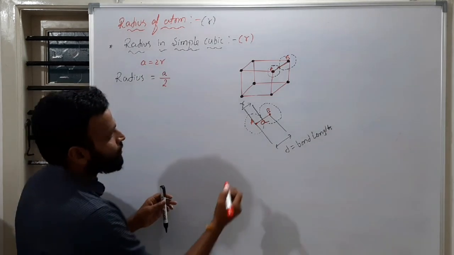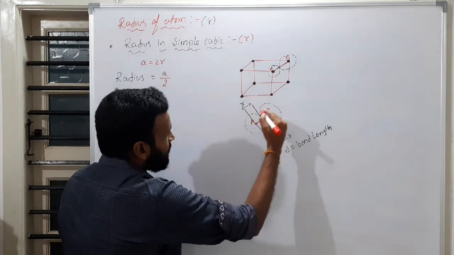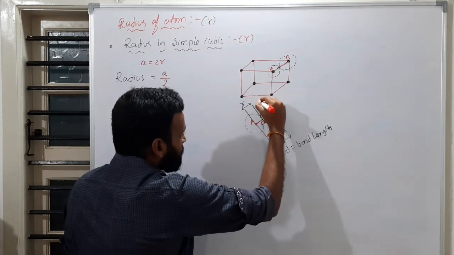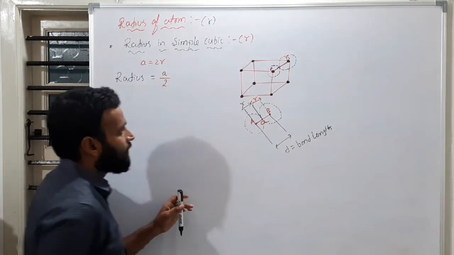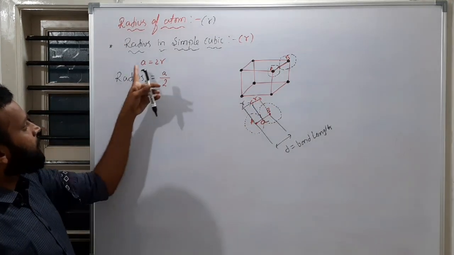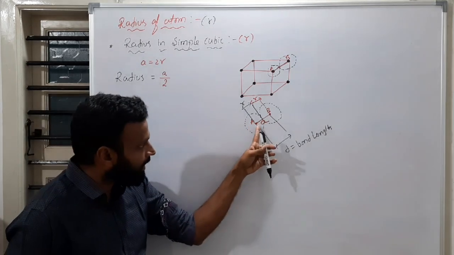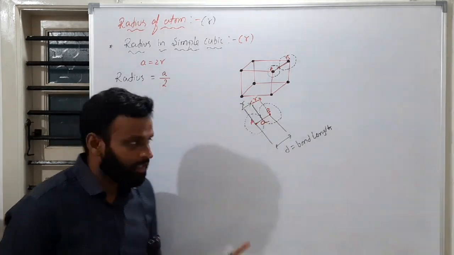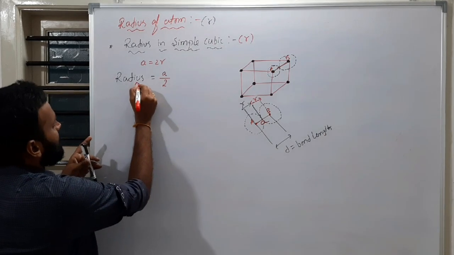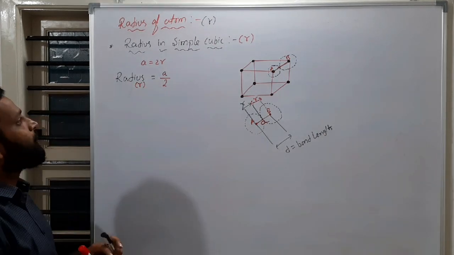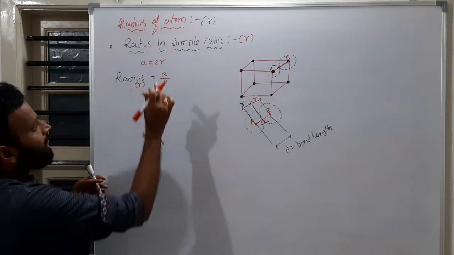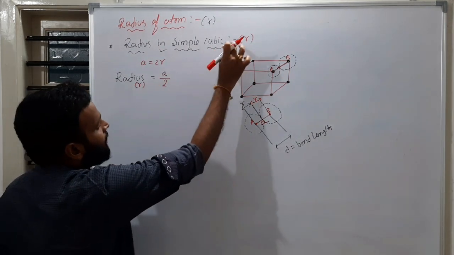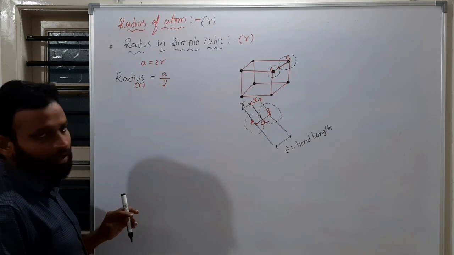Why is A equal to 2R? Here to here is R, and in the same way here to here is R. So A is equal to 2R. So the radius R is equal to A by 2 for simple cubic. So this is the radius in simple cubic. Got it clearly?